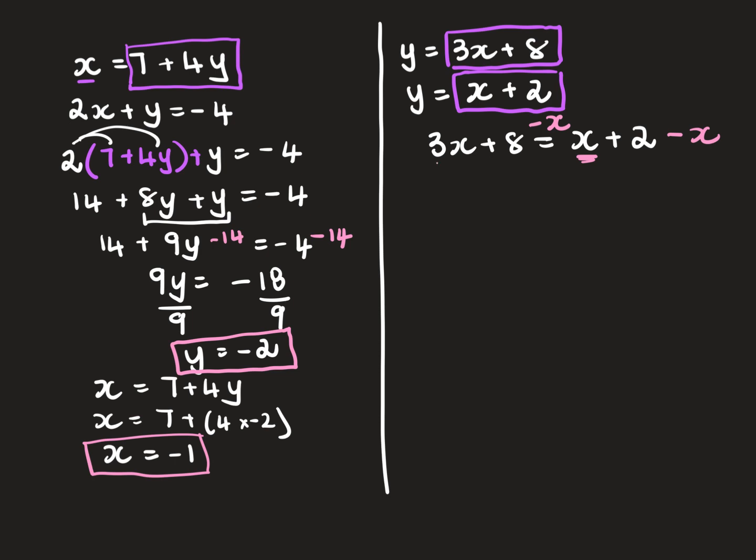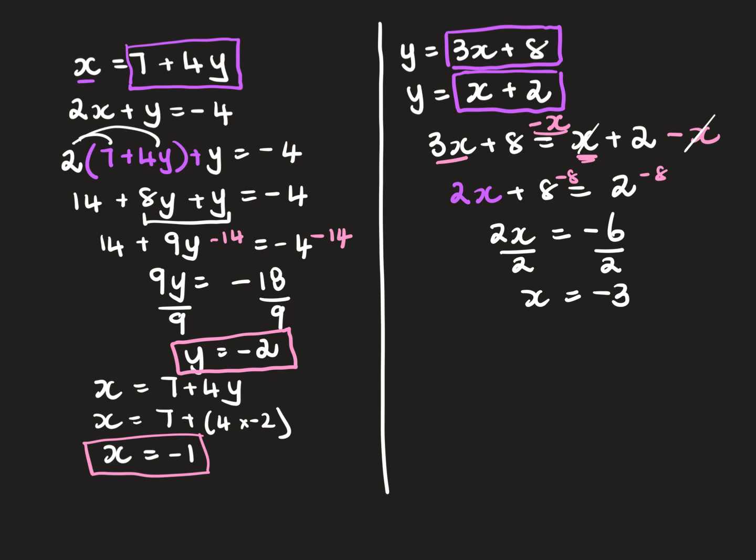Now remember that's 1x, 3x, take away x. 3x minus 1x is going to leave me with 2x plus 8, they go away, is equal to 2. Take 8 off both sides, and I've got 2x equals 2 minus 8. 2 minus 8, that will be negative 6. Divide by 2, divide by 2. X is going to be negative 3 there.